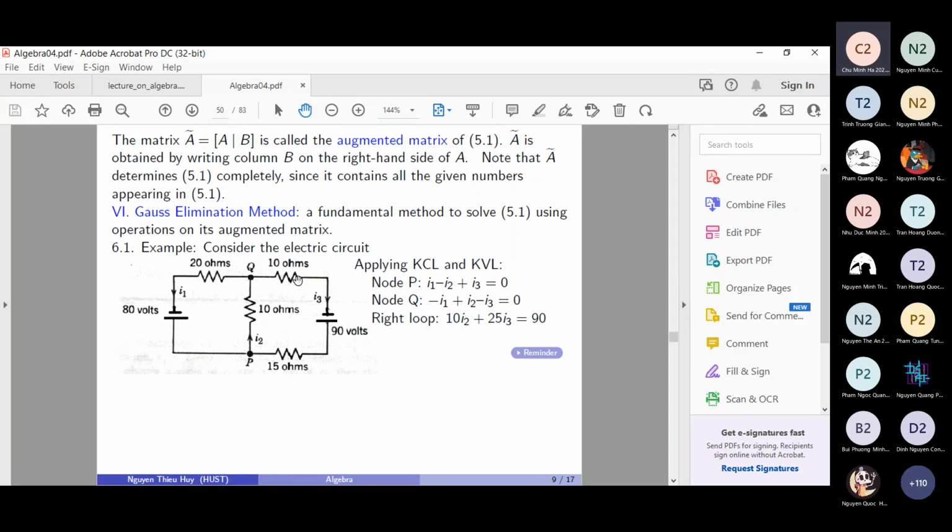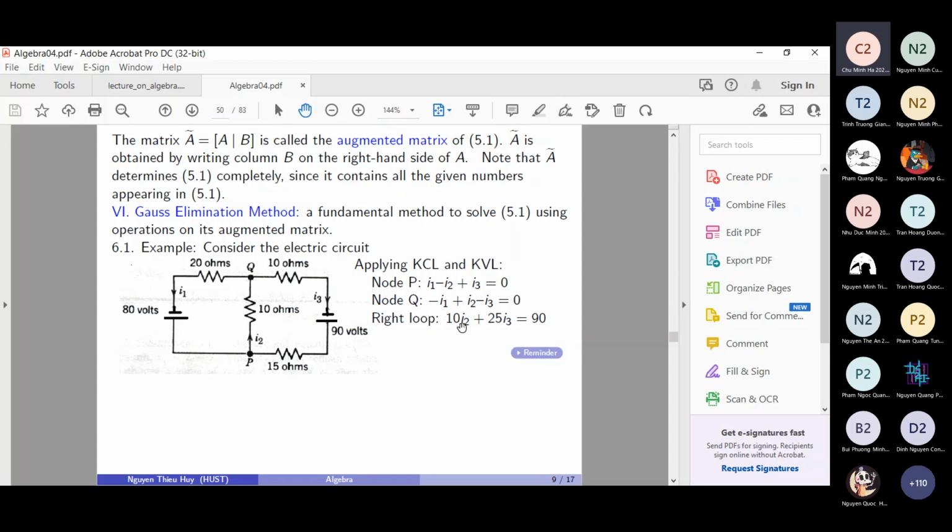So the voltage drop across this resistor is 10 multiplied by I3, and because this is again I3, we obtain 15 multiplied by I3. Then here you have I2, so 10 multiplied by I2.